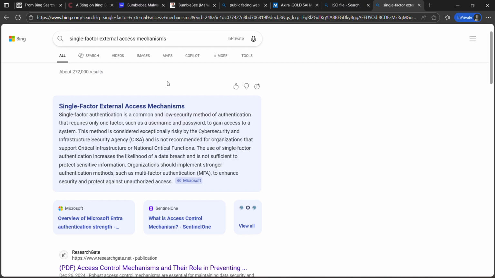It's sent directly to your phone that you own. That way, you have two factors of authentication: your password, which is something that you know, and your phone, which is something that you have. So that's two factors of authentication.